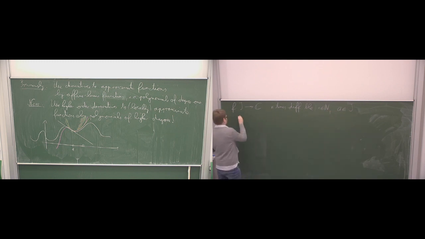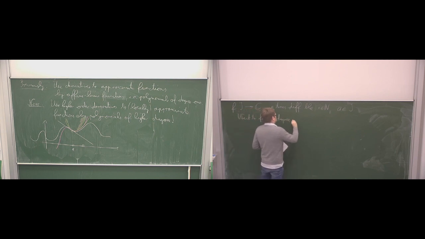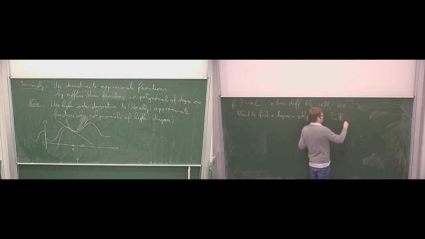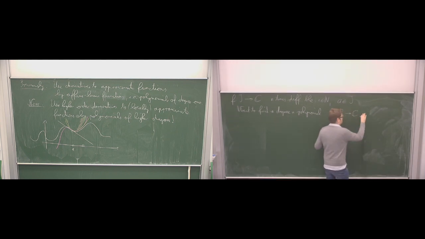So what we want to do is find a degree n polynomial, which I call Pn, which is, of course, defined on the whole real line, going to the complex numbers. And I want to write this in a certain form, which I will leave out for a second.